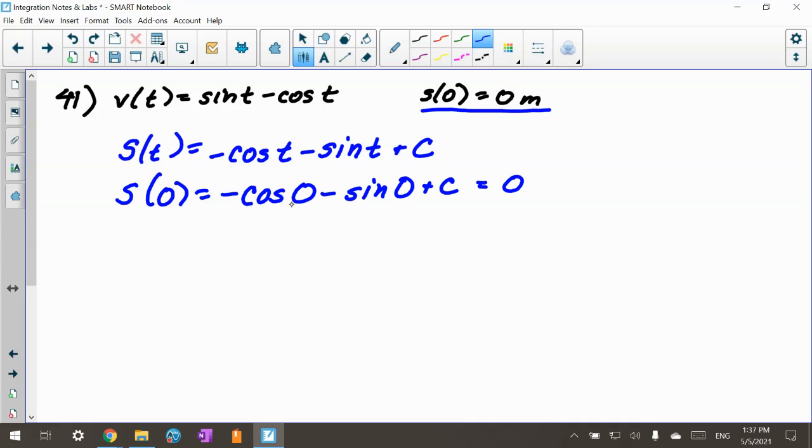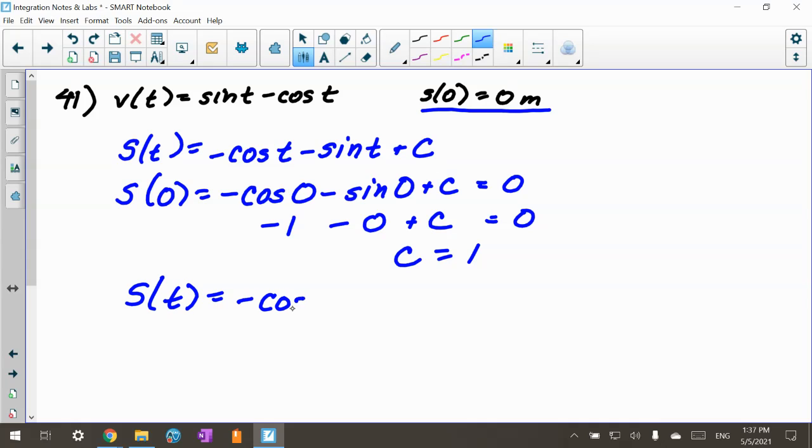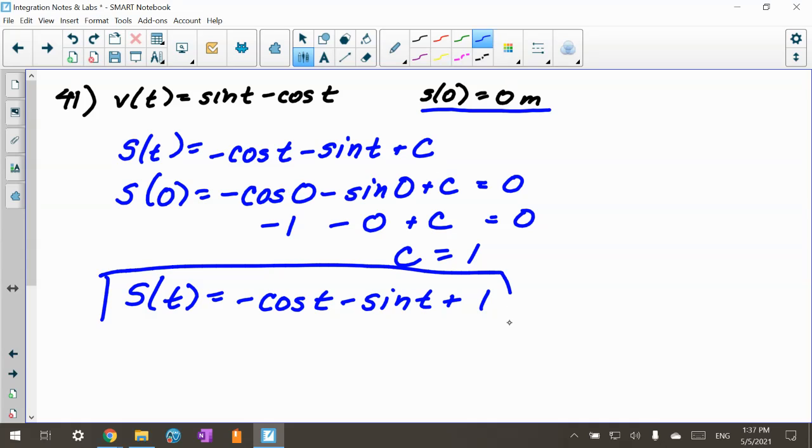Cosine of 0 is 1, so that's -1. The sine of 0 is 0, plus c equals 0, so c is going to equal 1. So my position function s of t is negative cosine of t minus sine t plus 1.